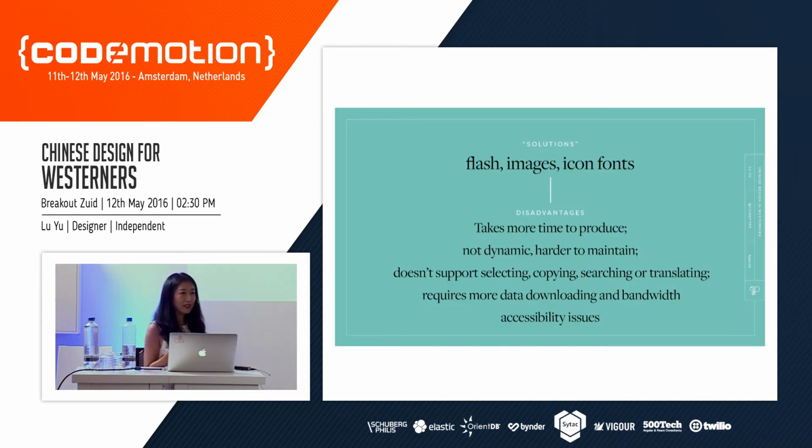So for us designers, we really want the freedom to use the font we want, to be creative. So the solution we came up with was flash images or icon fonts. Of course, there are many problems with this: it takes more time to produce, they are not dynamic, it's harder to maintain, they don't support selecting, copying, searching, or translating, it requires more data downloading and bandwidth than it's supposed to, and it has accessibility issues.